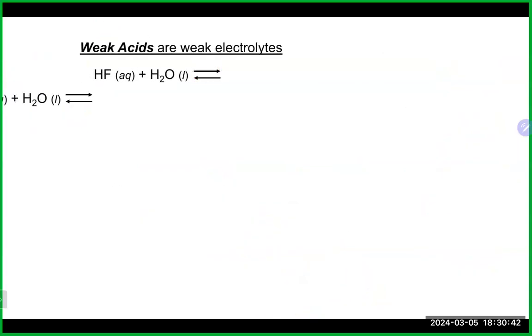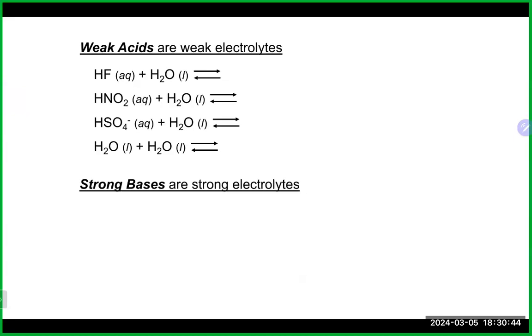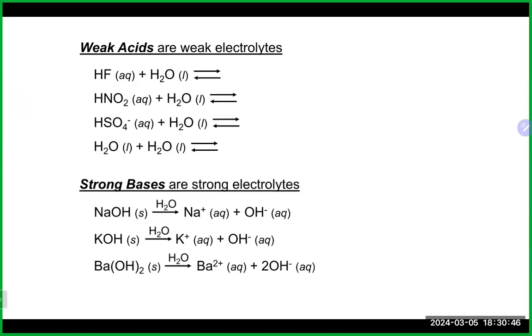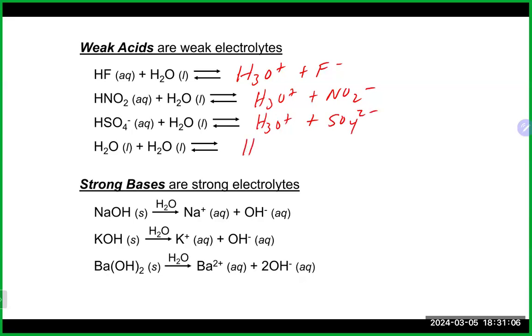Weak acids, on the other hand, are weak electrolytes, which means they will mainly stay together. So our HF here will break apart a little bit into H3O plus and F minus. And now our H3O plus and NO2 minus, our H3O plus and SO4 2 minus, and here our H3O plus and our hydroxide. So this is what you're going to have in solution if you have one of these weak acids.